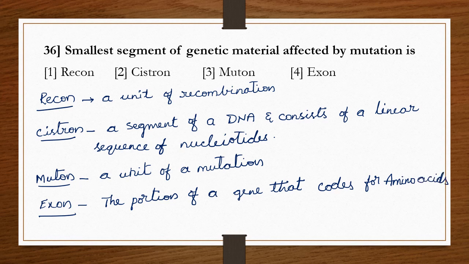So now the question is the smallest segment of genetic material affected by mutation. That is muton. It is a unit of mutation. It is affected by the mutation process. So muton is the correct answer. Option 3 is correct.